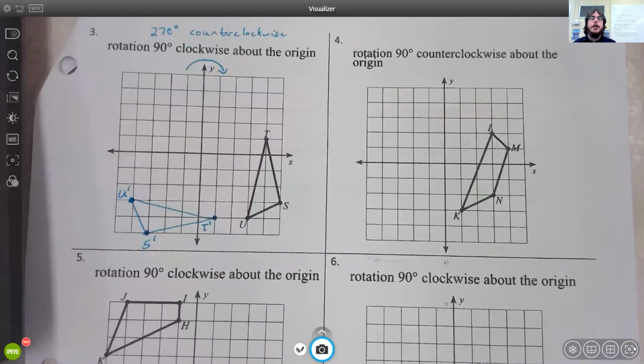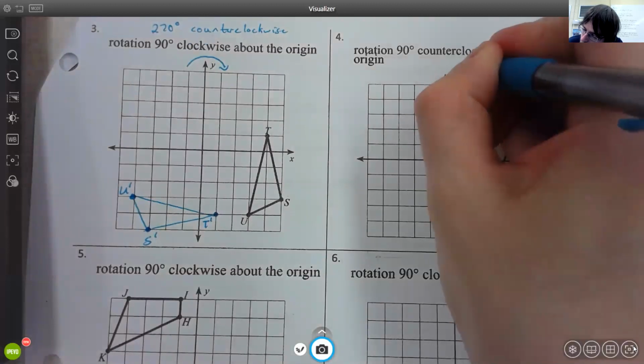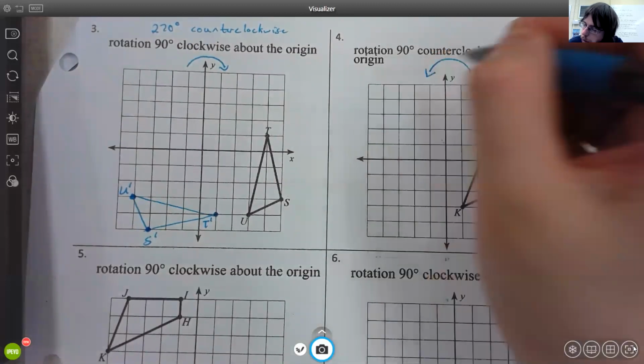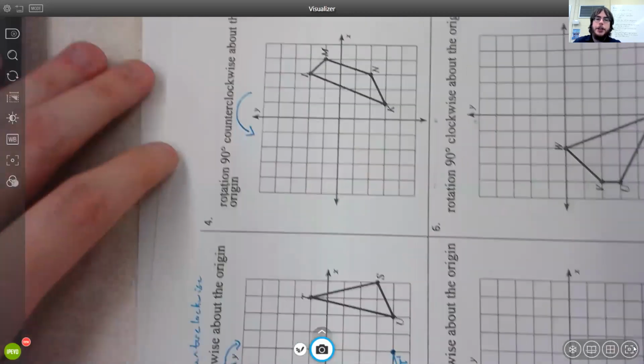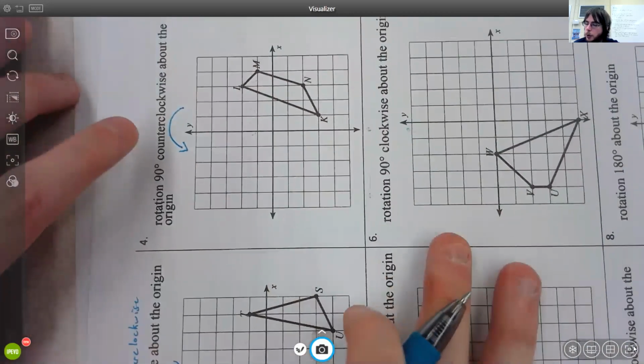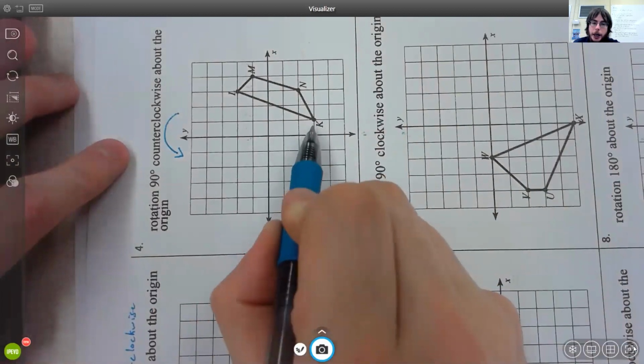Number 4 says a rotation 90 degrees counterclockwise about the origin. So what we're going to do, since it's 90 degrees counterclockwise, we're going to rotate our paper one turn to the left. So one turn to the left here, and then we just mark our new coordinates. So K would be at, or K prime would be at, 3, positive 1.